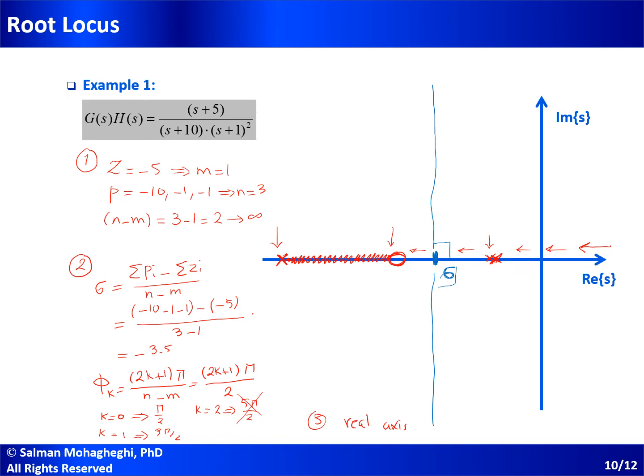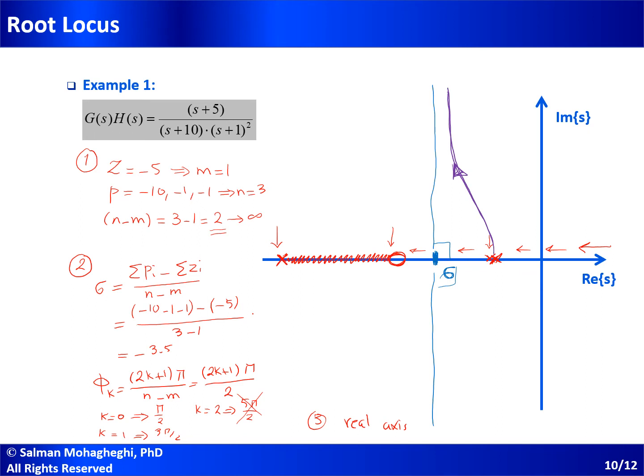Now that we know which portion of the real axis belongs to the root locus, the next thing that remains is to determine how the branches that go to infinity along the asymptotes look. So I have these two branches corresponding to these two poles, and let me use a different color. One of them would have to go to infinity along this asymptote.